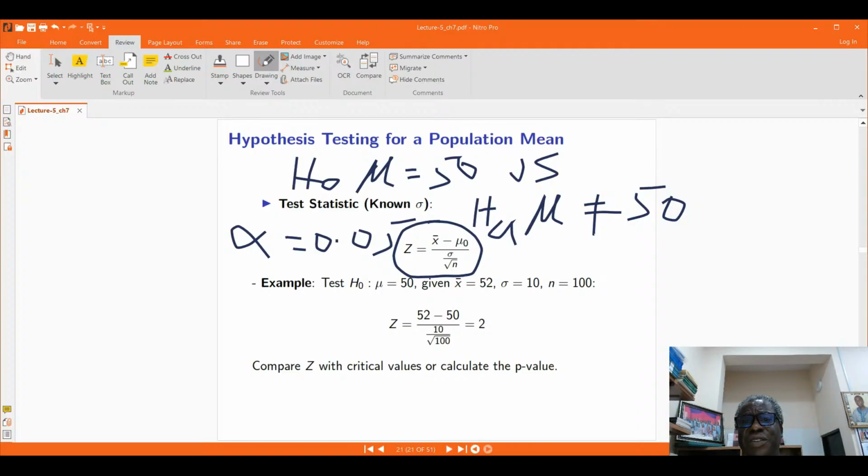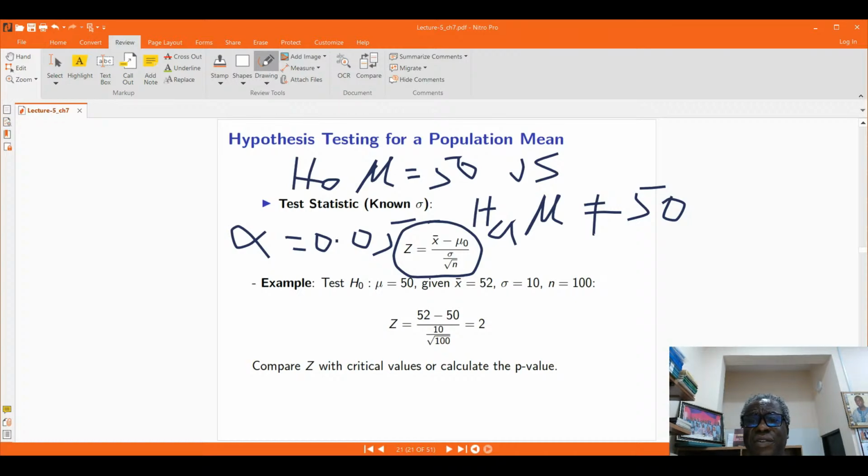So for now, if the population standard deviation is known and the sample is large enough, remember we discussed small and large sample, then we can use the z-test.